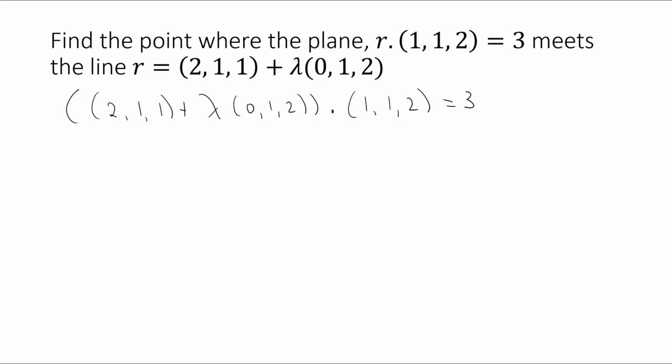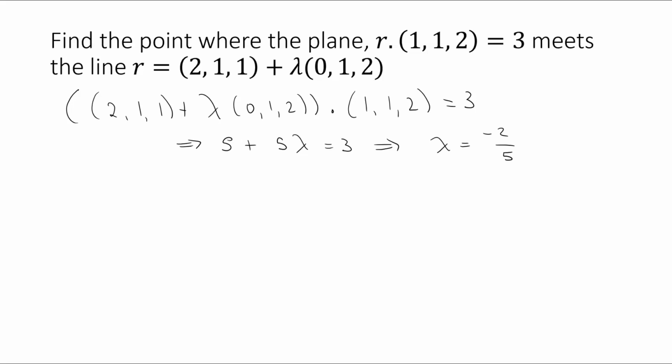So we've put the second equation, which is R, into the first equation. And then if we simplify all of that, then we get that 5 plus 5 lambda equals 3, from which we can see that lambda equals -2 over 5.